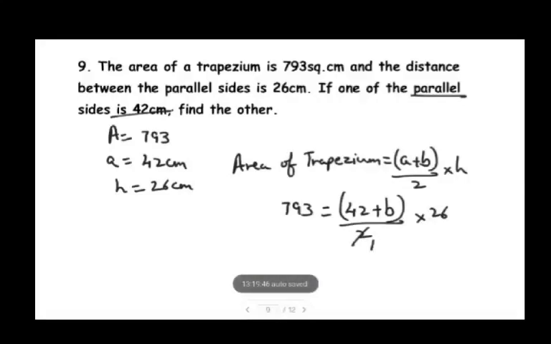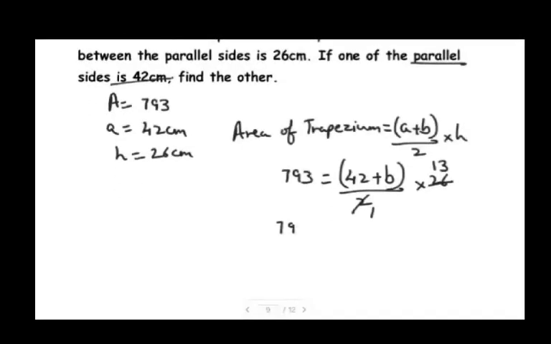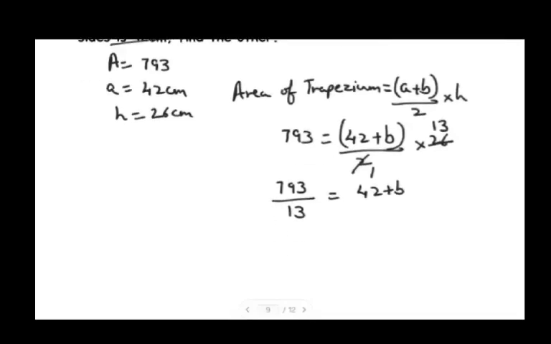So 2 ones are 2, 2 13s are 26. 793, 13 comes on the LHS, in the denominator, and I have 42 plus B. So 793 divided by 13. 13 6s are 78.